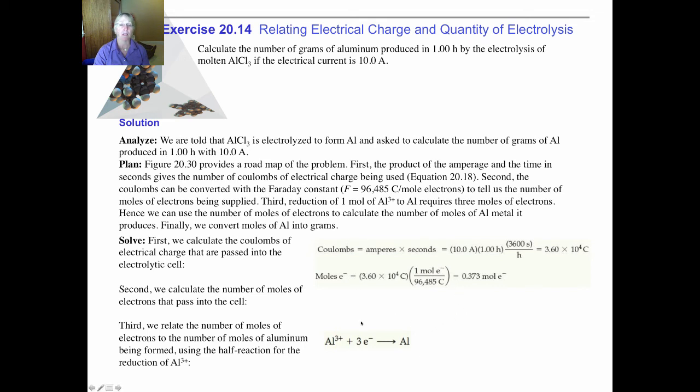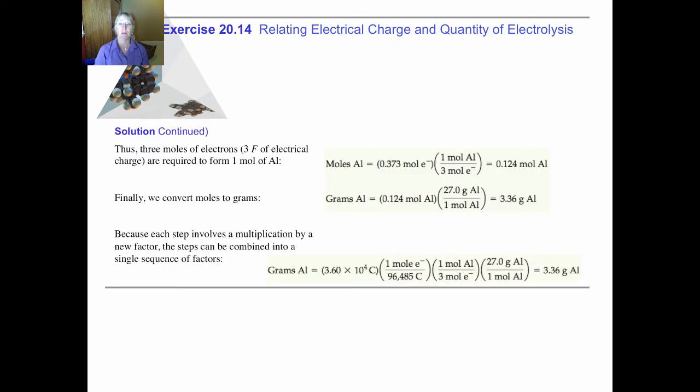Now it becomes stoichiometry. It takes 3 moles of electrons to get 1 mole of aluminum to plate out. But we only have 0.373 moles of electrons. So you can set that up with this relationship.